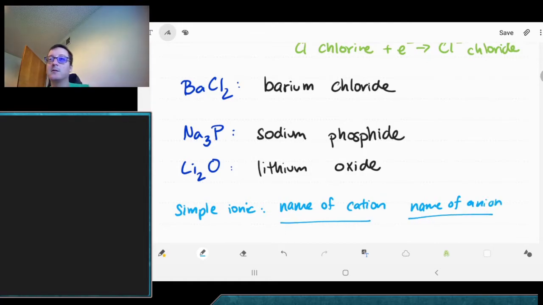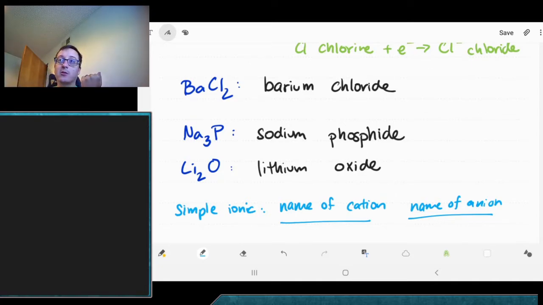Two parts. Positive ion, negative ion. Positive ion's name doesn't change. We just say barium ion, sodium ion, lithium ion. Positive things don't change. Anions do take the "ide" ending.